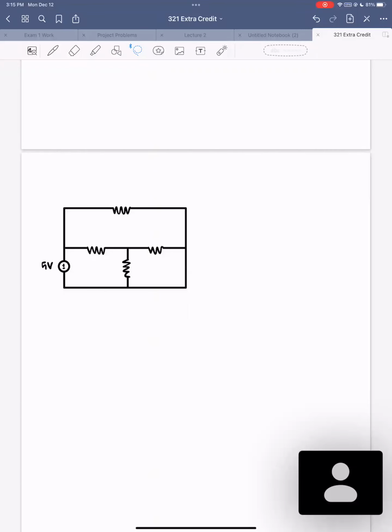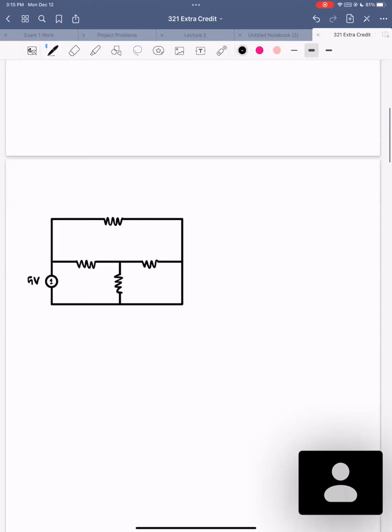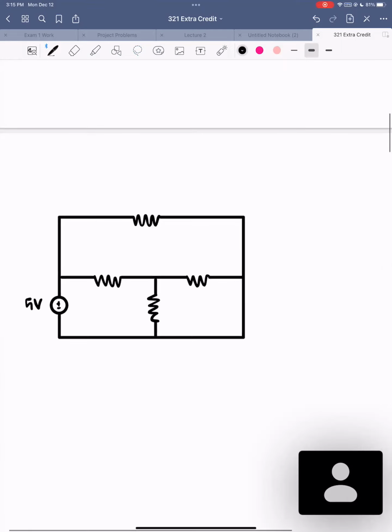Okay, so today I'm going to be going over nodal analysis. So this is our circuit. And there should be one more resistor right here.